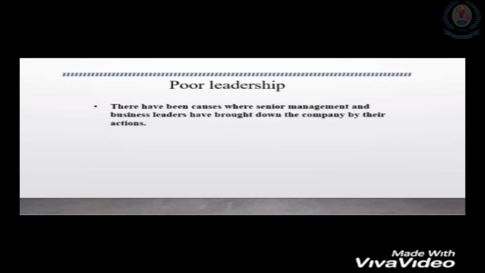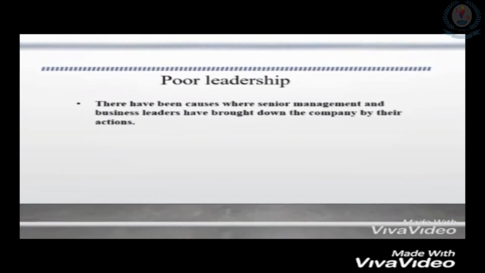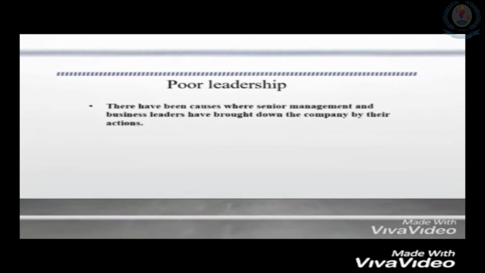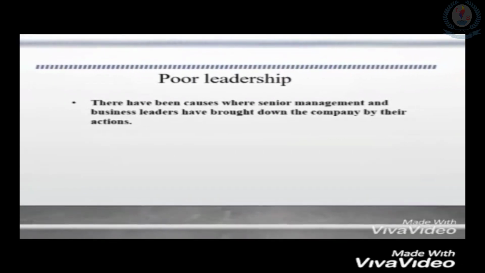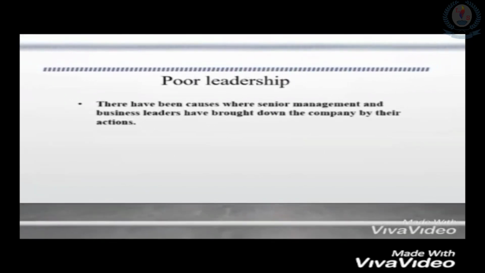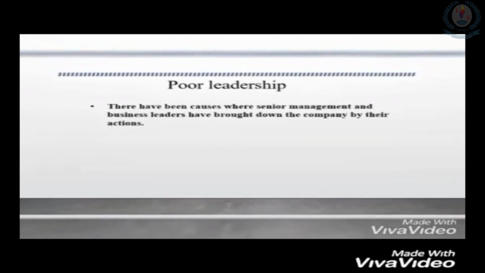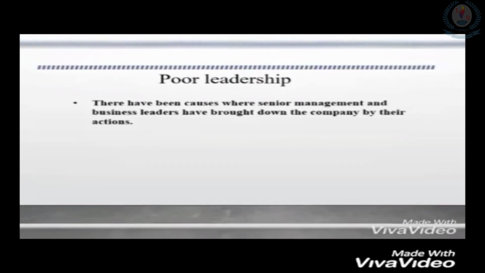The next one is poor leadership. There have been cases where senior managers and business leaders have brought down companies by their actions. A business might lose its competitive edge in the market because the leaders make mistakes and take wrong decisions, and that might affect the business's success.